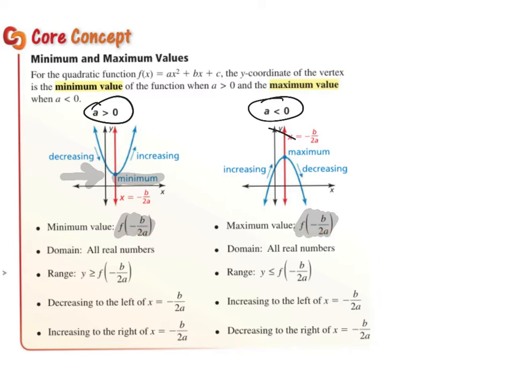It's just saying take the x value where the minimum or maximum occurs, that axis of symmetry value, the h value, and just substitute it into the function like we did in the previous problem. It'll tell you what the lowest y value is. So the minimum value is this y value right here.